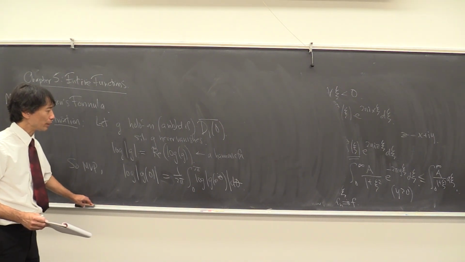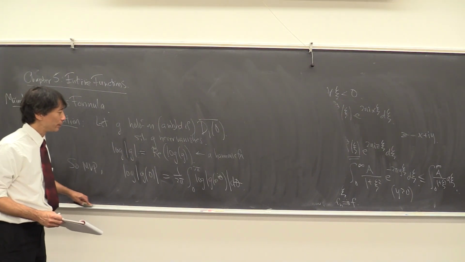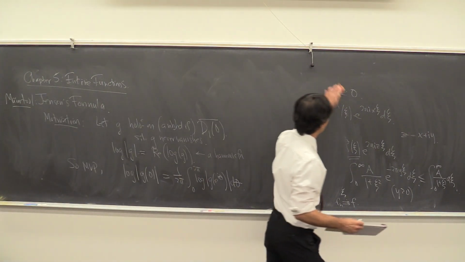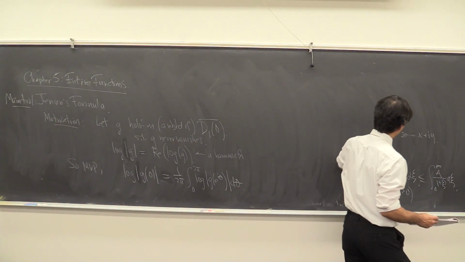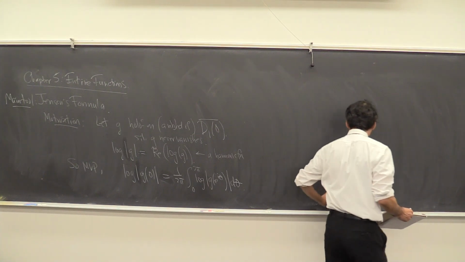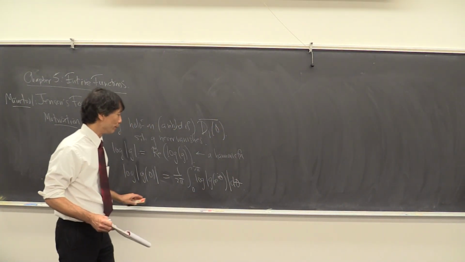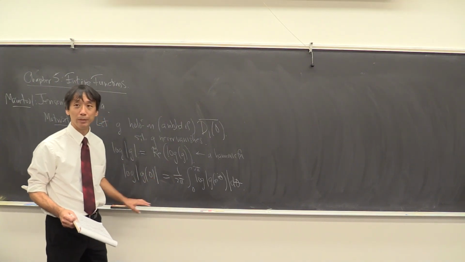Right, you just take the Cauchy integral formula, and then for harmonic functions, you take the real part of the Cauchy integral formula, and that just gives you the formula.